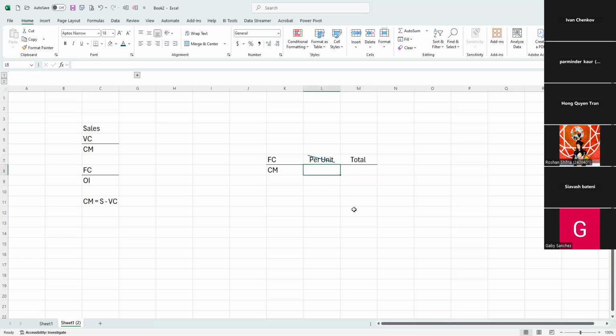Now on the contribution margin, watch this. I have contribution margin per unit. I have contribution margin in total. I have contribution margin as a percentage. I have three options here. Now, which one do I have to use?